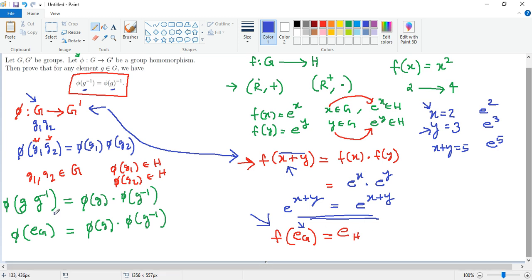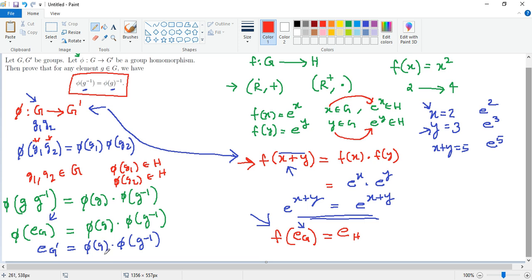So this will become E G prime, because that's the identity element of the other group. So that's equal to phi of G times phi of G inverse. I keep putting these dots, but it's not multiplication, it's some operation.